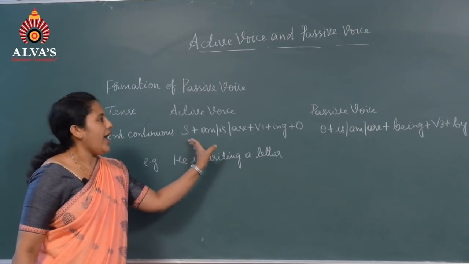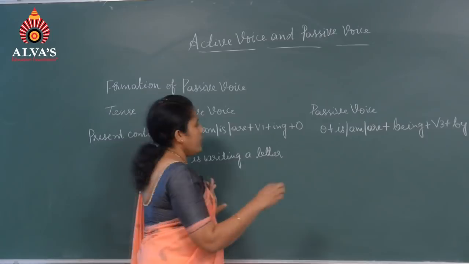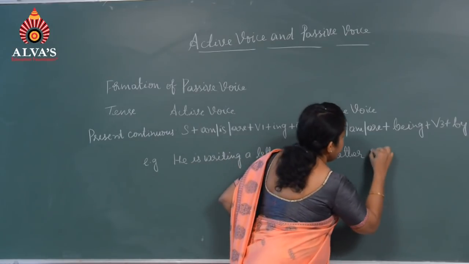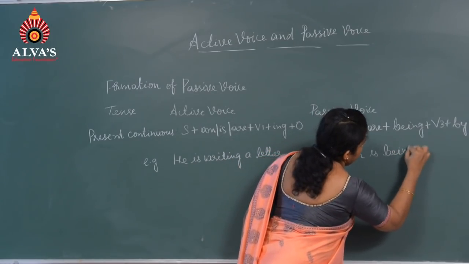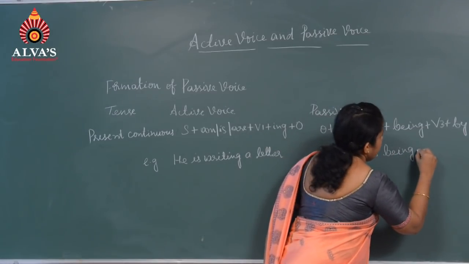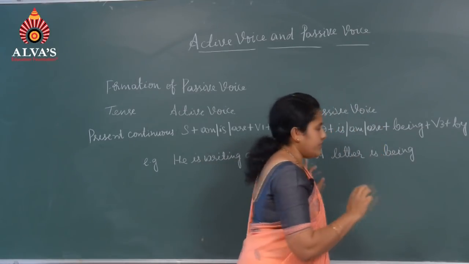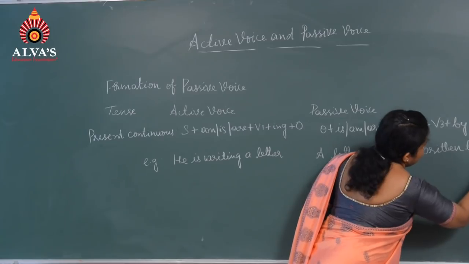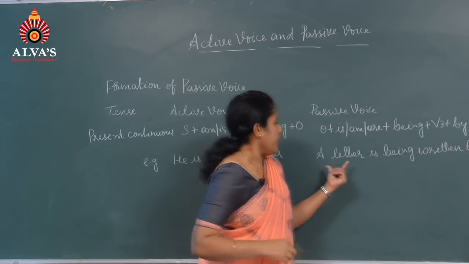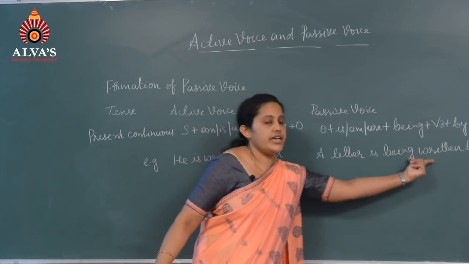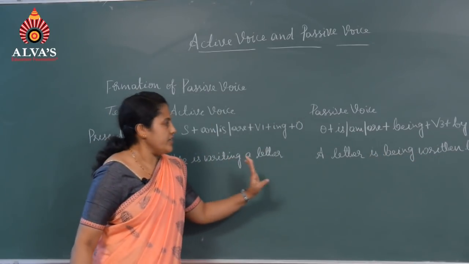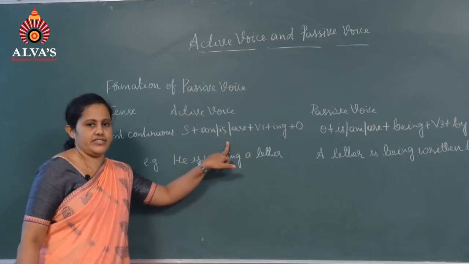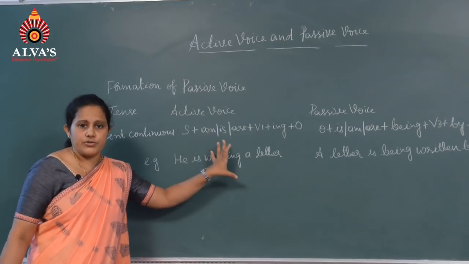So, when we change from active to passive, a letter is being, V3 form of write, that is written, by him. Okay. A letter is being written by him. This is present continuous tense, present continuous affirmative sentence.